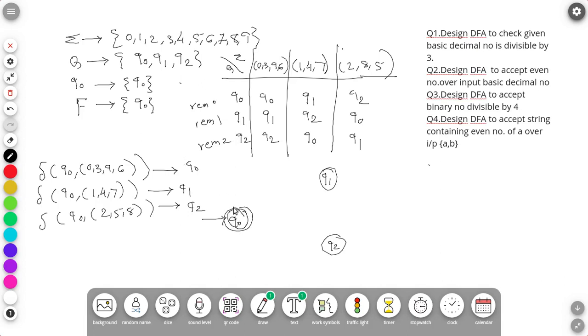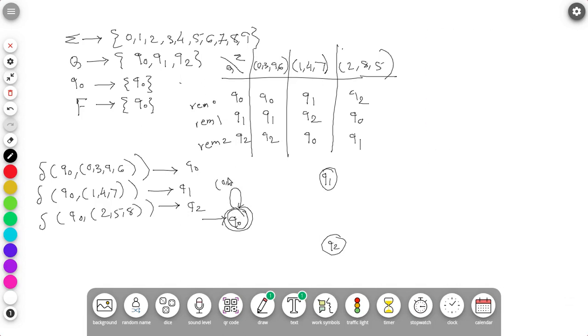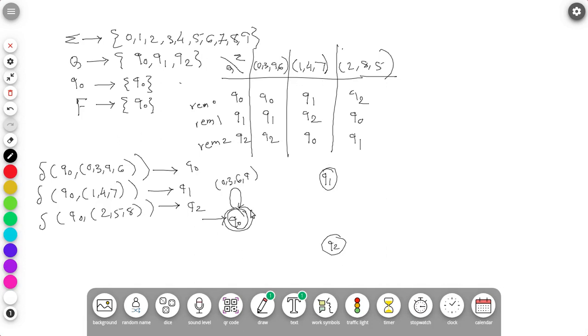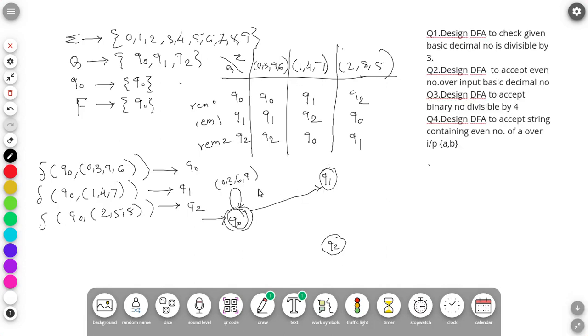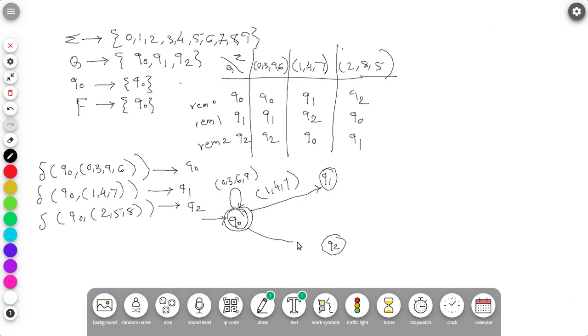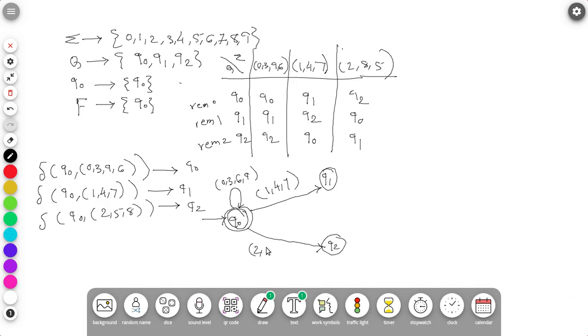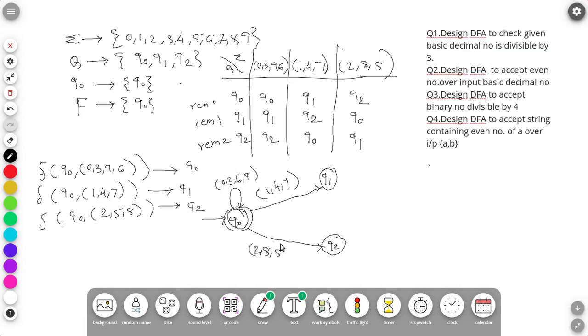Now Q0 with input 0, 3, 9, 6 goes to Q0 itself. I'll show that input on this arrow, and the arrow goes to the same state. The next, Q0 with input 1, 4, 7 goes to Q1, so I'm showing it like this. The next, Q0 with input 2, 5, 8 goes to Q2.